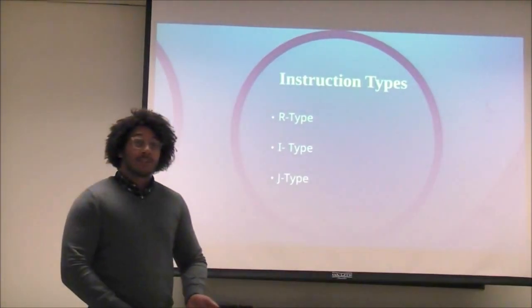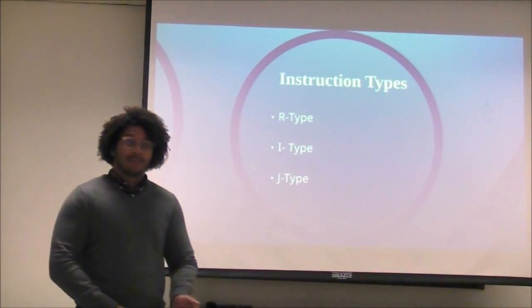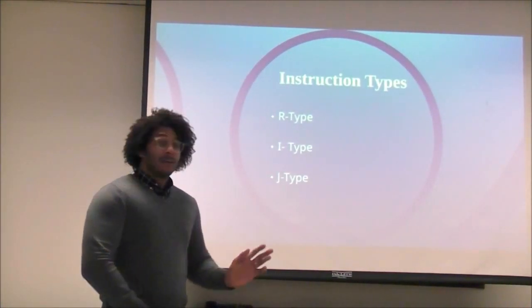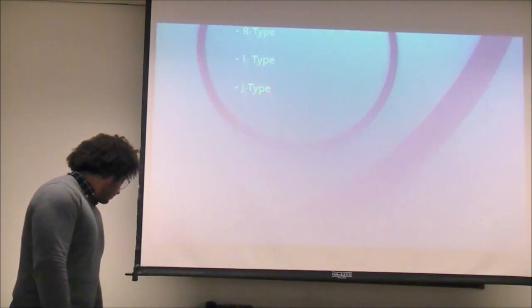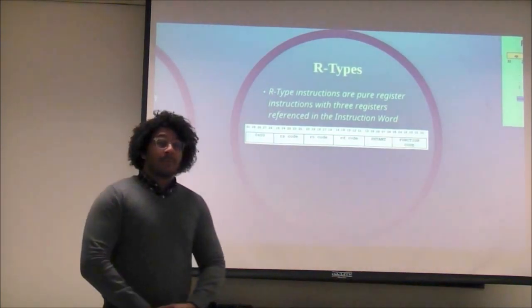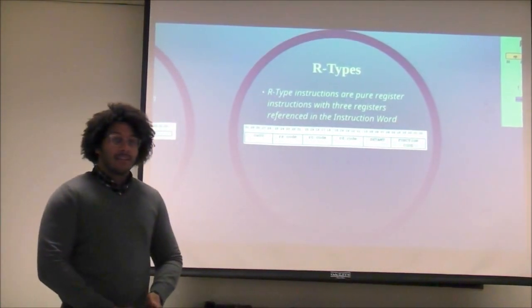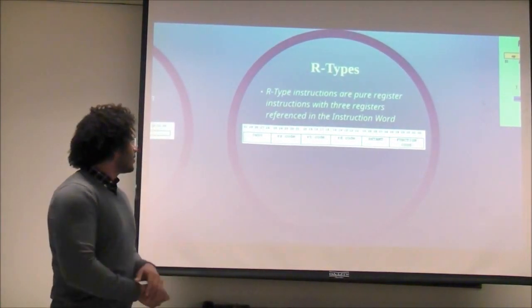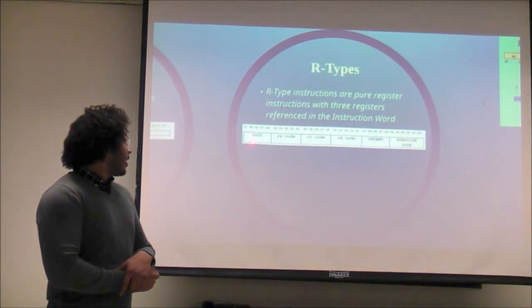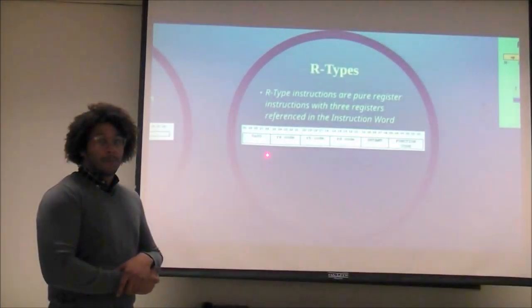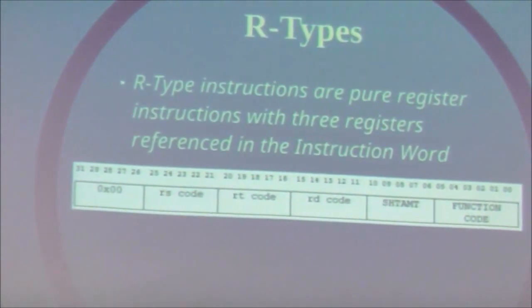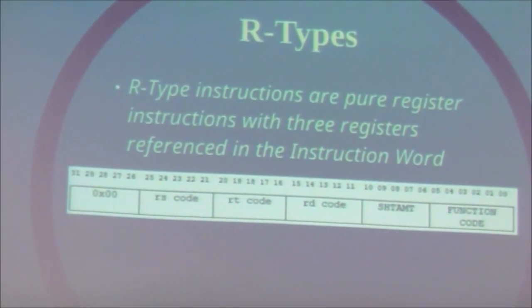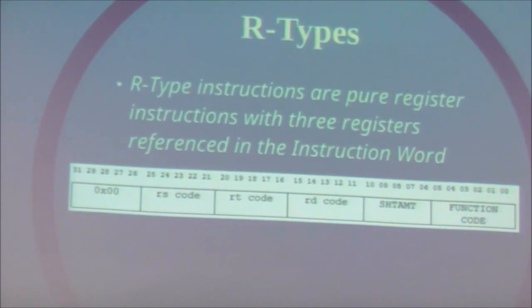We have 3 instruction types, or we actually have 4 instruction types. But these were a part of only the baseline, which is R-type, I-type, and J-type. So R-type means it's a pure register instruction, and it has to have an opcode of 00 with the function code specifying what we're actually going to be doing with the source registers.